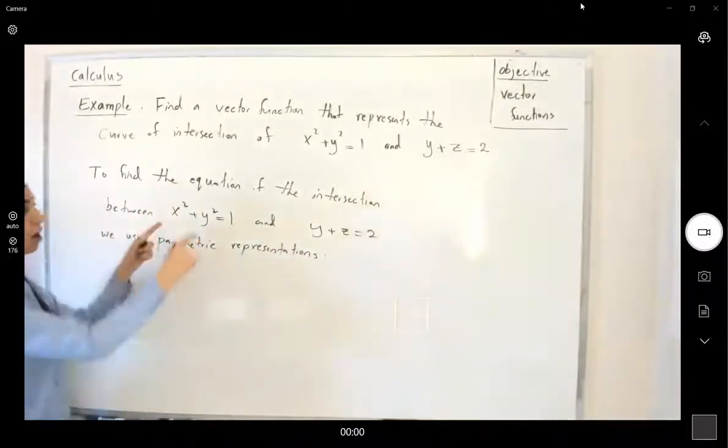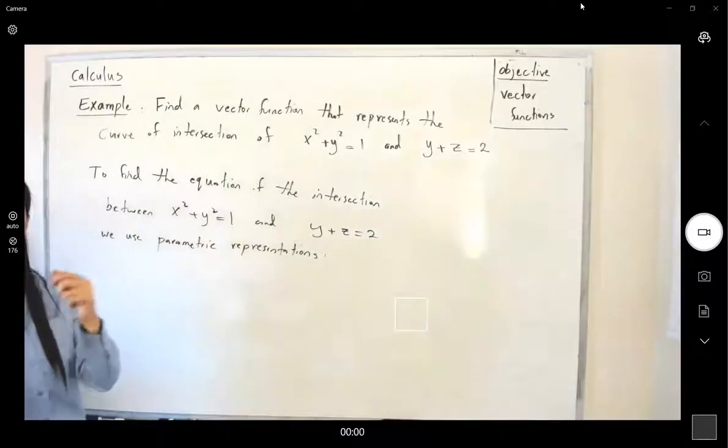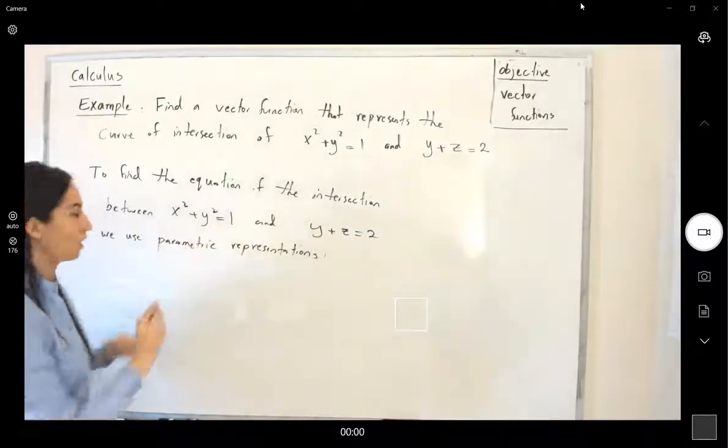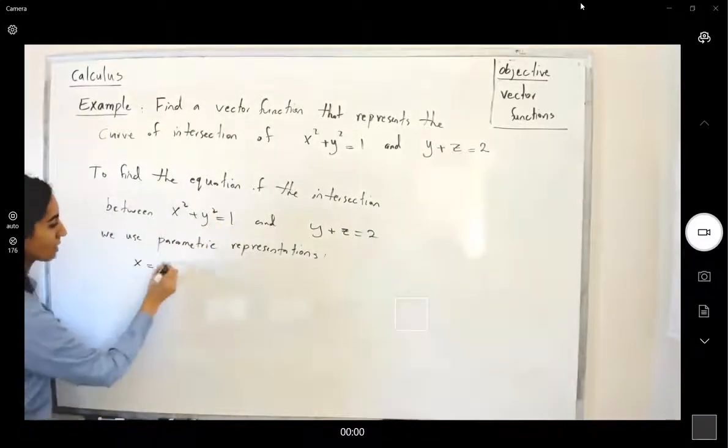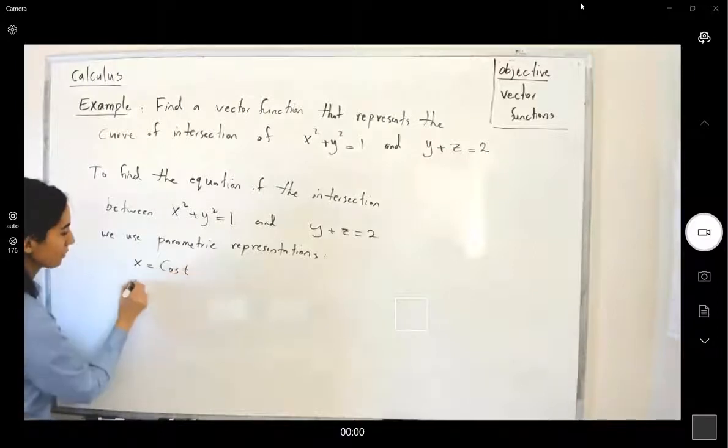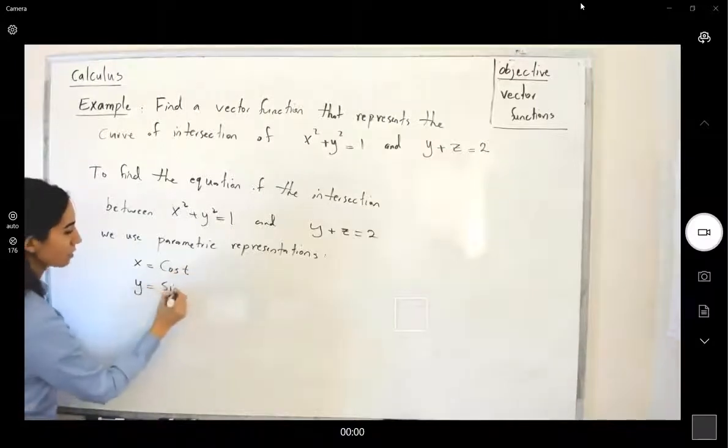Okay, we already know that if you have x squared plus y squared equals 1, x can be written as cosine t, y can be written as sine t.